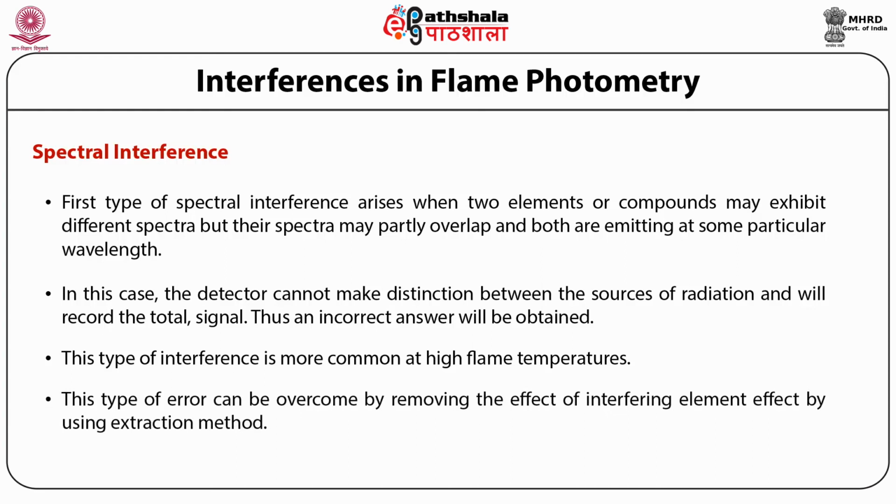This type of error can be overcome by removing the effect of interfering elements using the extraction method or using a calibration curve, which is prepared from a solution having similar quantities of the interfering elements.